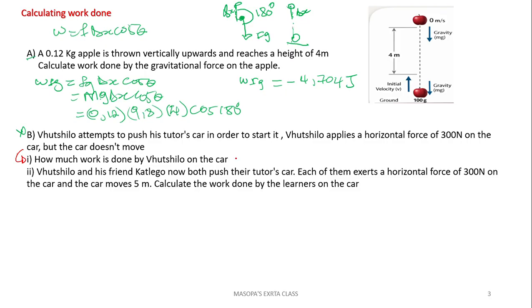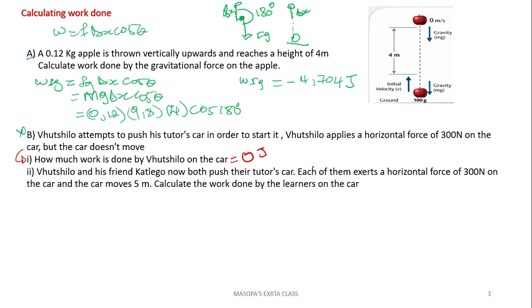So once you multiply everything there by 0, you will get 0. So the work done on the car will be 0 joules.